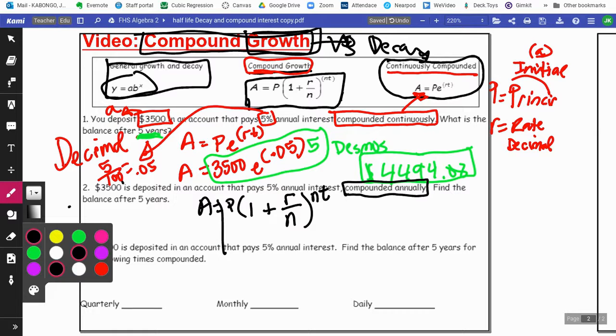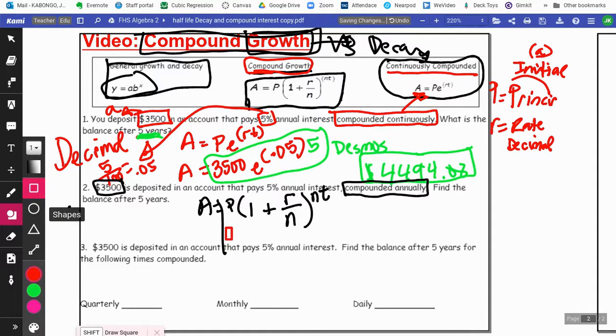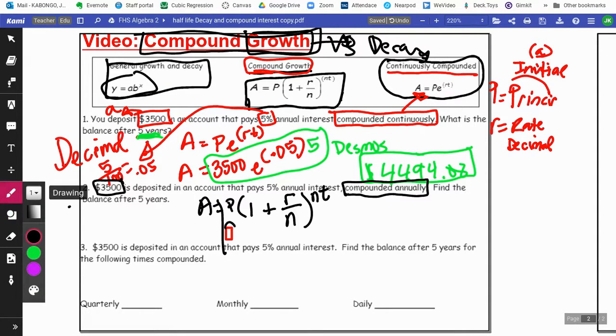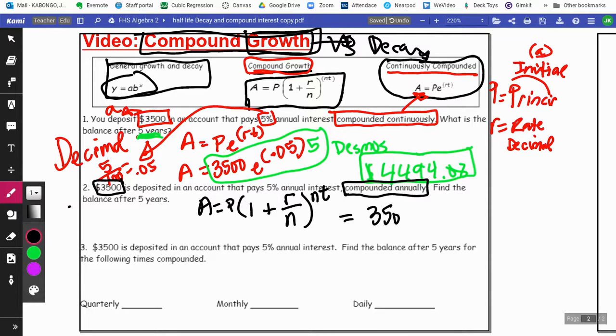The P is always the beginning amount. The beginning is the 3,500. All right, I'm running out of room, so I'm going to move my work to the other side, right here. So we started with the 3,500. Open the parentheses. 1 plus.